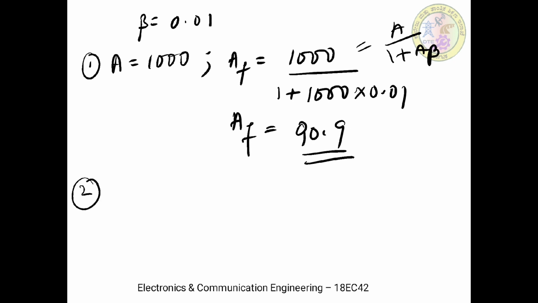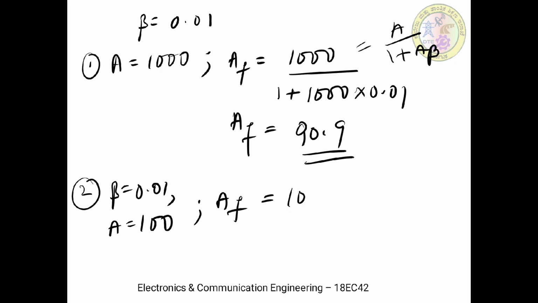Now assume that with the same beta, 0.01, A is reduced to 100, because for some reason the open loop gain of the amplifier is only 100. In that case, what is AF? AF will be equal to 100 divided by 1 plus 100 into 0.01, which gives a value of around 50.